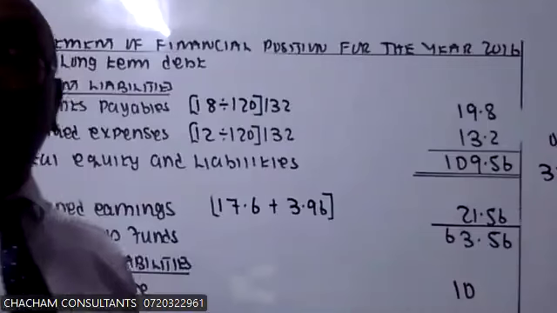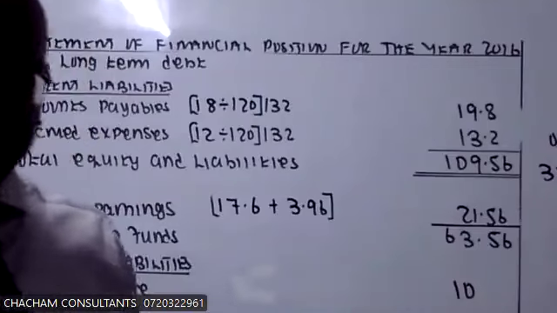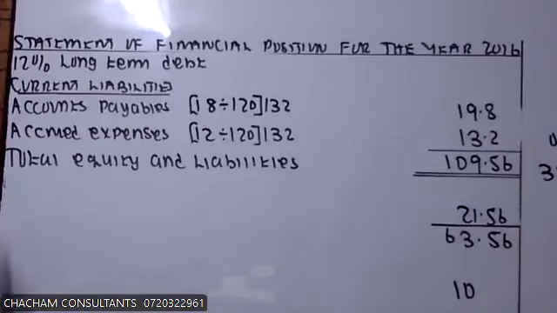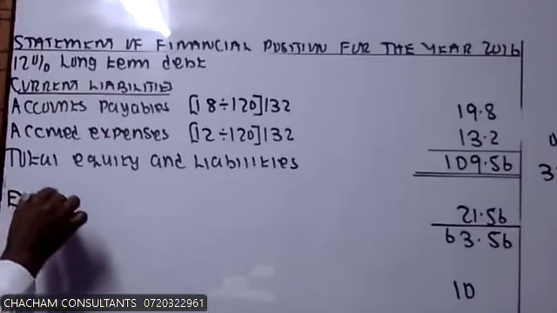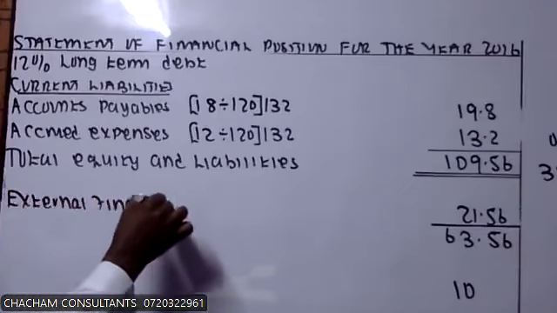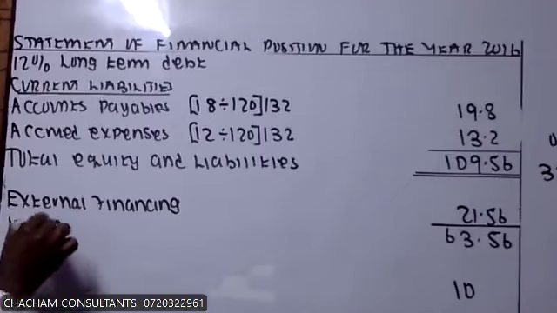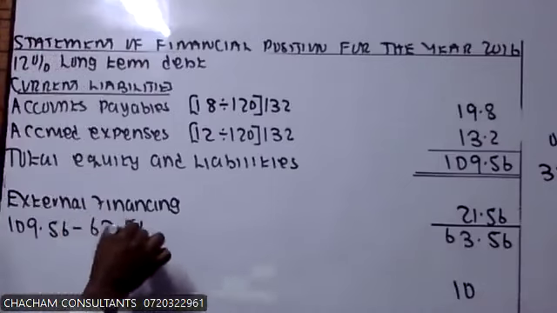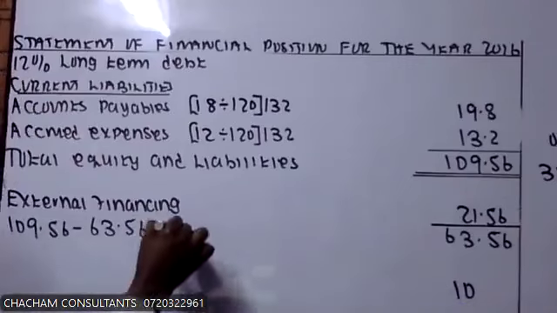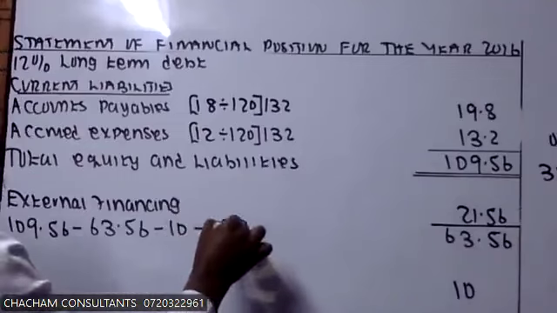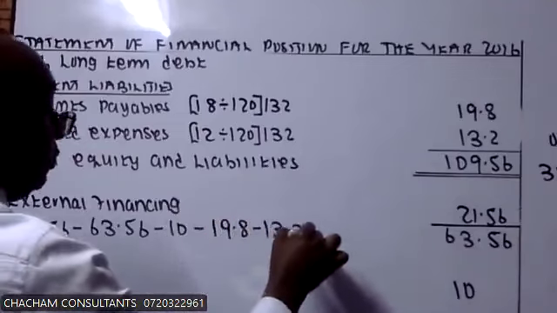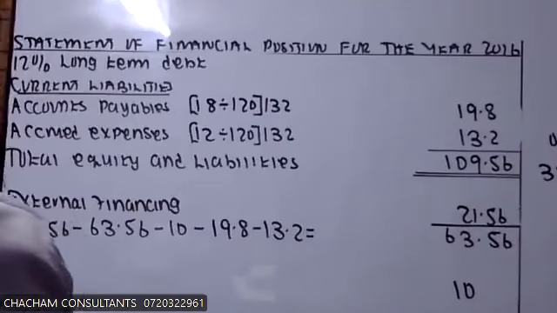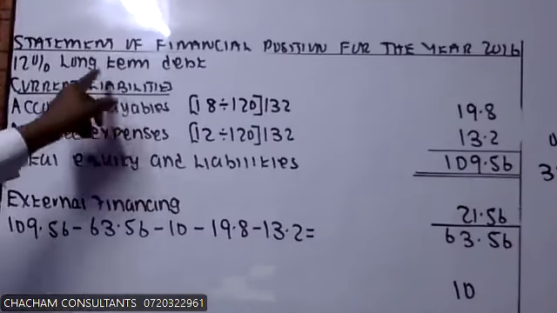So what you shall do to get the external financing, the external financing will be this 109.56 minus this shareholders funds 63.56 minus these debentures minus these 19.8 minus 13.2. That would be the external financing, which is now the 12%.